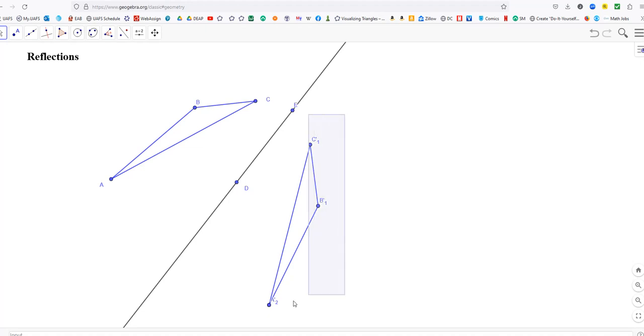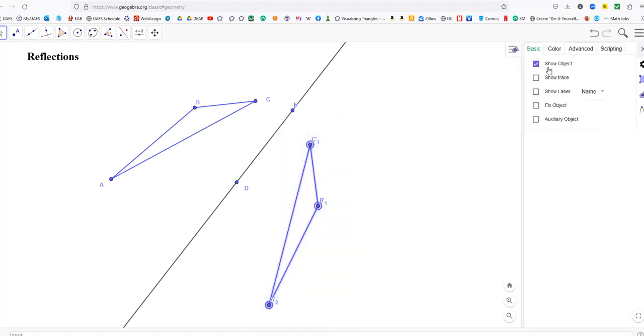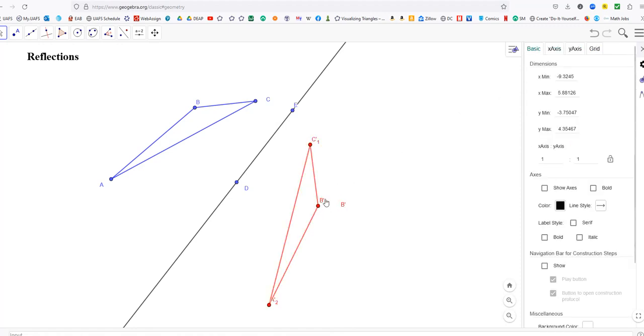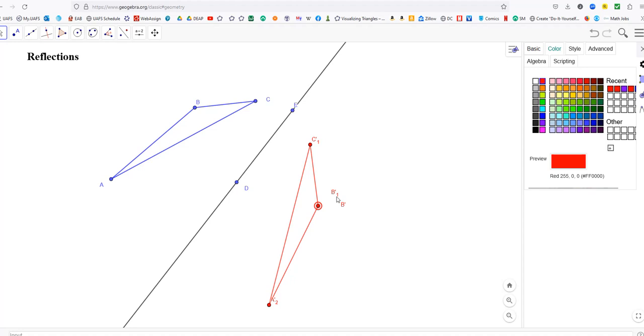Okay, and then these points here, let me go ahead and follow my standard convention of making the image red. We have that. Again, we've got more than one copy of some of the vertices, so I'm just going to get rid of the extra copies, or at least not show them anyway.